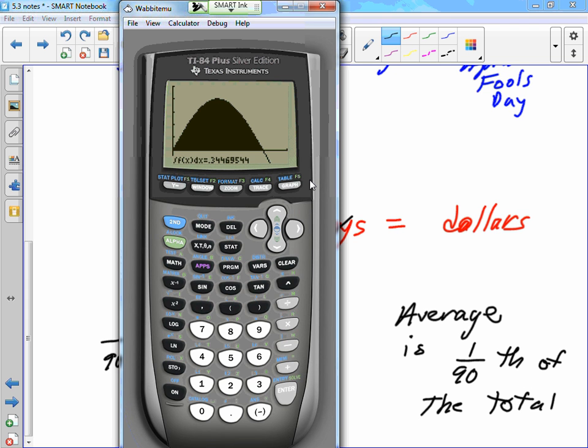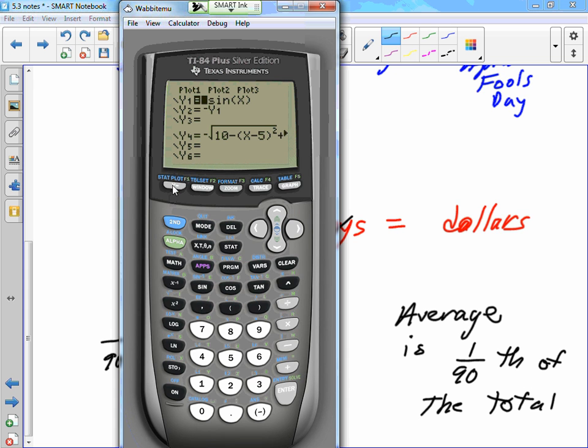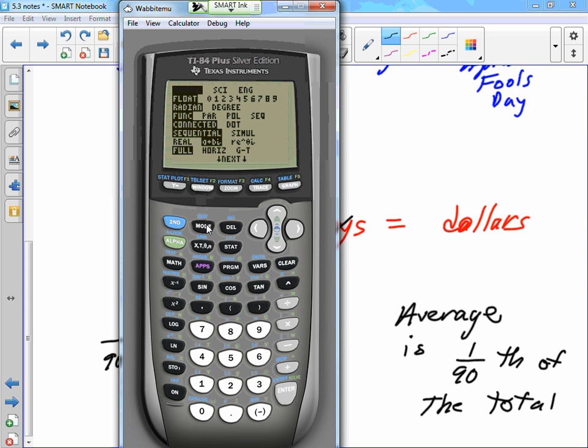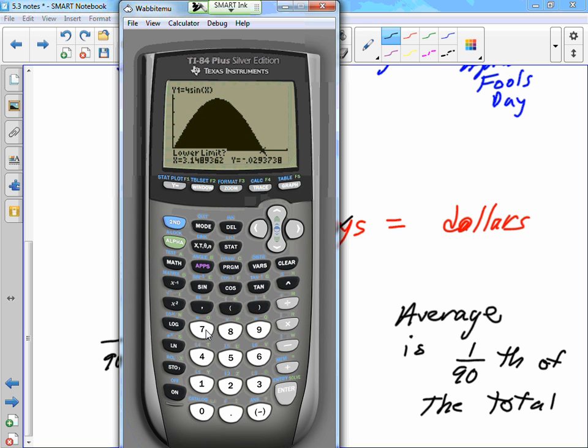Well, Hannah probably is in degree mode or something. What did I do wrong? 4 sine x. I'm in radian mode. Second calc. 7.